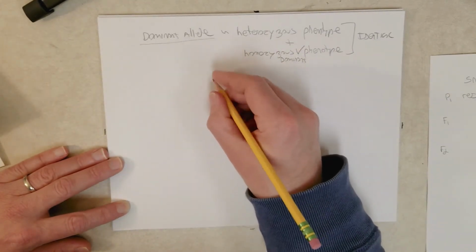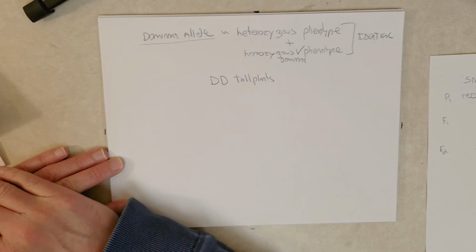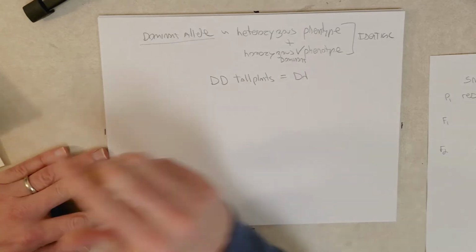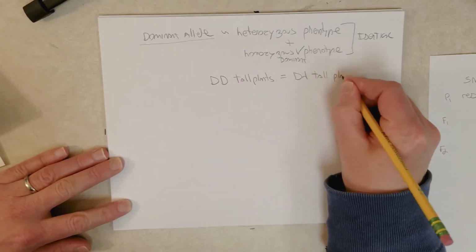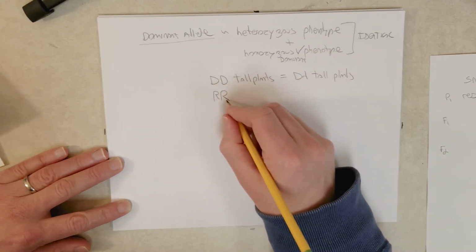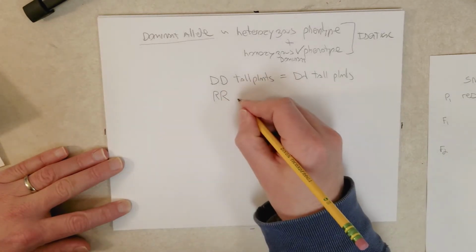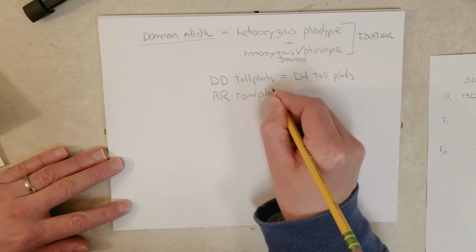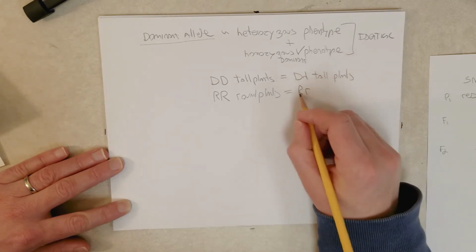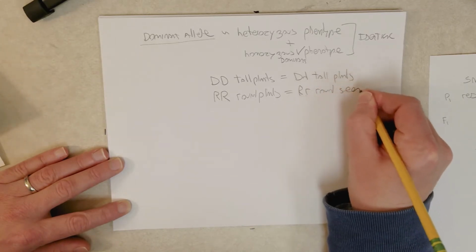Like, for example, DD tall plants, one of our examples from Mendel, are phenotypically identical to heterozygous tall plants. The RR, sounds like a pirate a little bit there, the big R round plants, round seeds, are phenotypically identical to the heterozygous big R, little r round seeds.